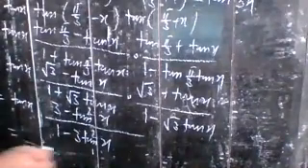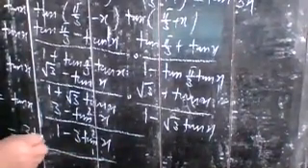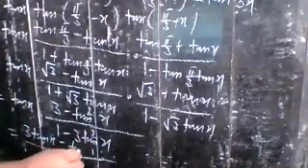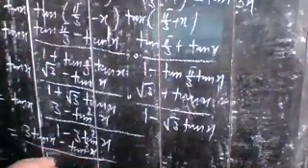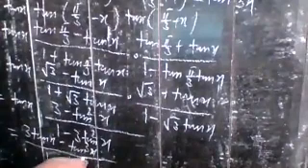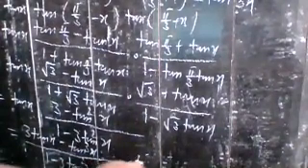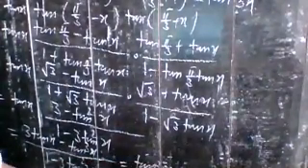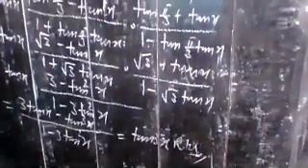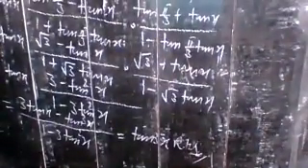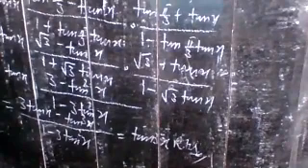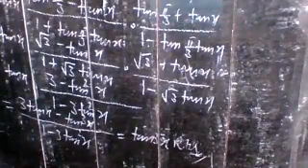So what you have, 3 tan x minus tan cube x upon 1 minus 3 tan square x, that is the formula of tan 3x. So write it directly. So by using the identity of tan 3x, tan 3x is equal to 3 tan x minus tan cube x upon 1 minus 3 tan square x. So that is equal to tan 3x.